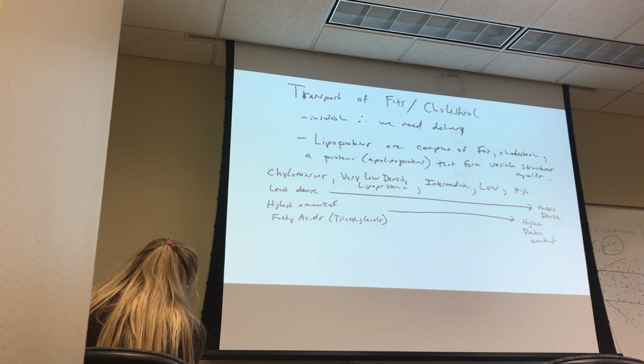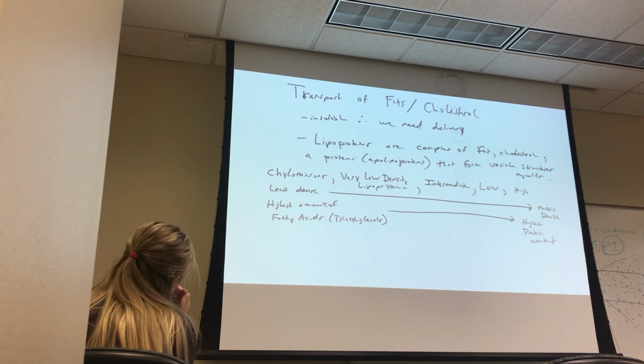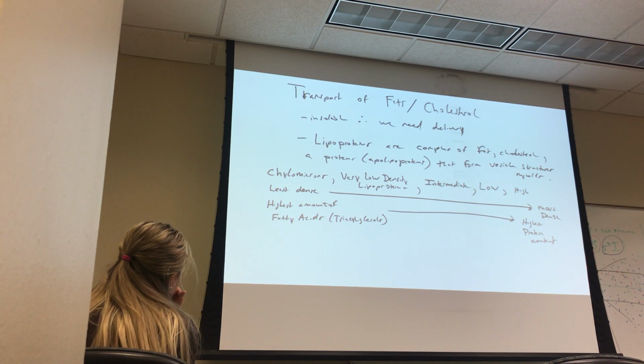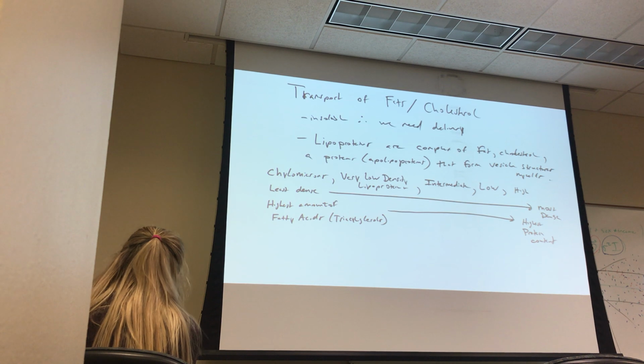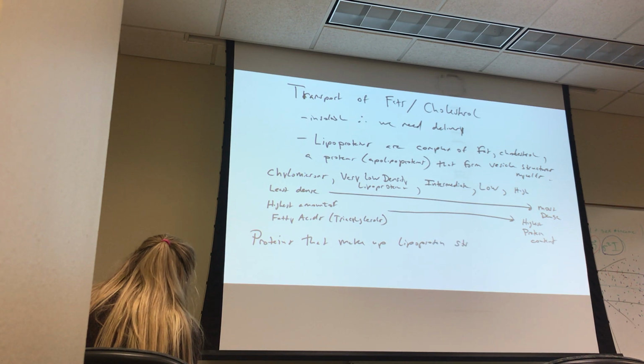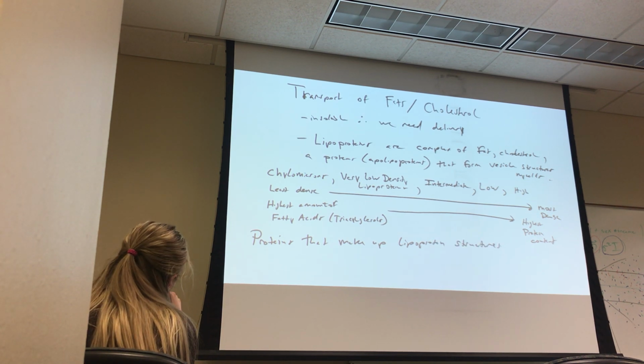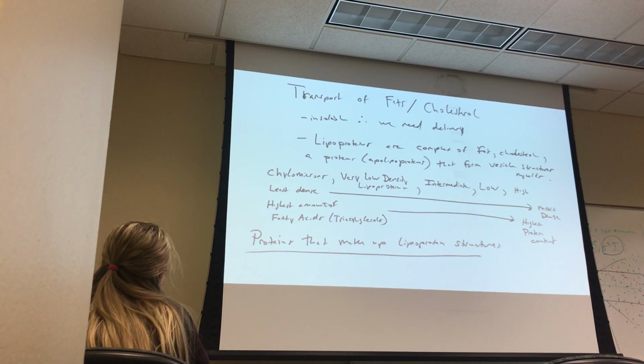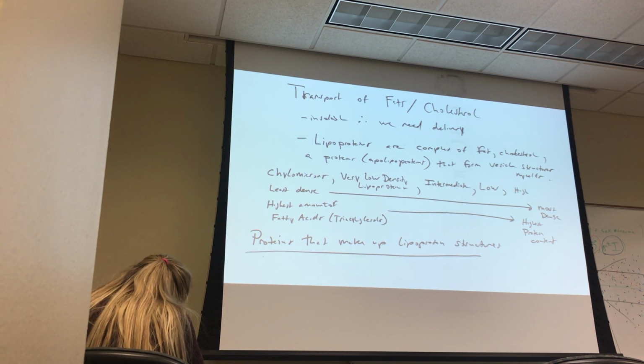Okay, now we know that there are different proteins that form these complexes. You don't have to know the specific proteins, but what you want to know is what do those proteins do? So the proteins make up lipoprotein structures. What are some of the things that they do? Name one thing that those proteins do.